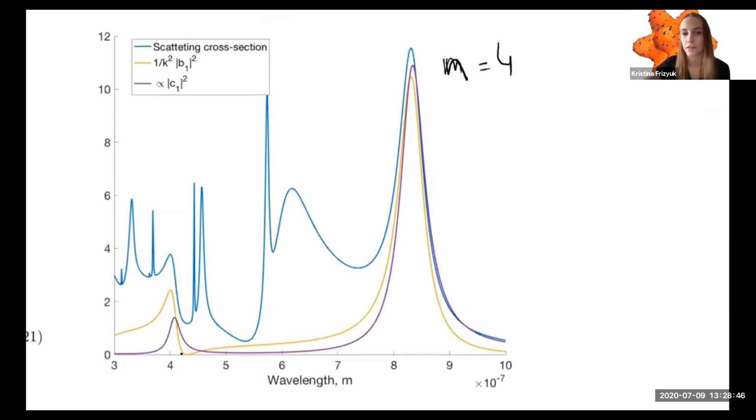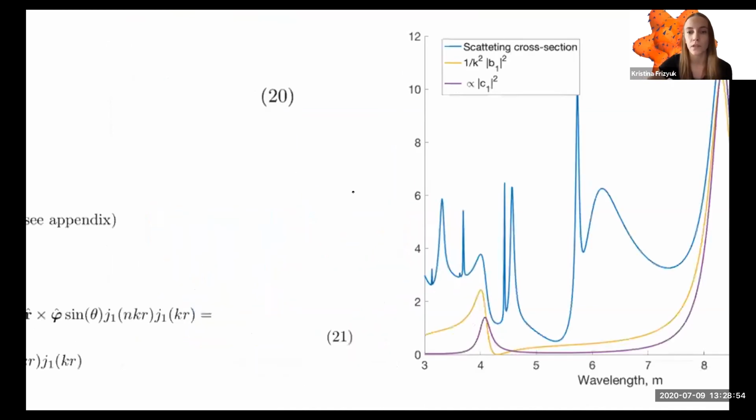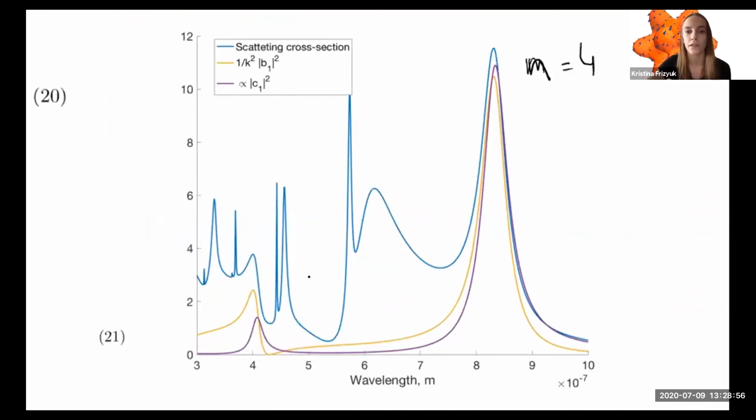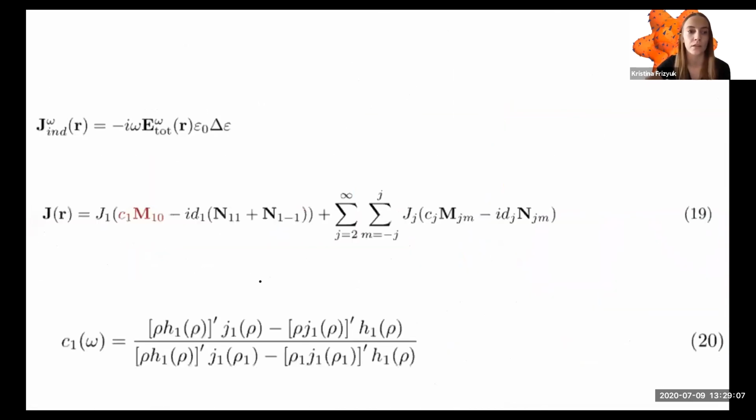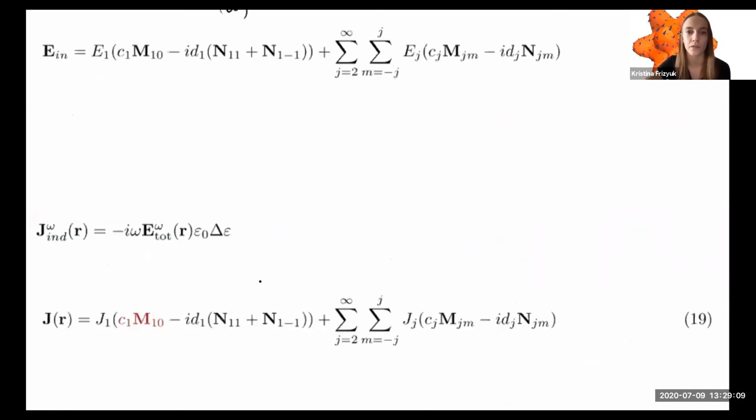And this yellow one is outside the sphere. And you see that they are different. Our aim is actually, assuming that we know the field inside the sphere or inside any particle, to find the field outside the sphere.